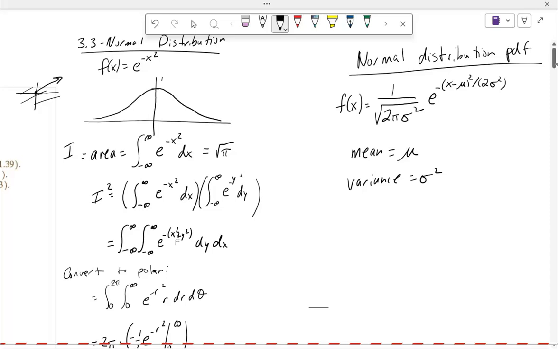All right. For the moment generating function here, I don't remember what it is off the top of my head. It's e to the mu t plus sigma squared t squared over 2. You'll notice in your book, they'll write this as exp of this, like so.